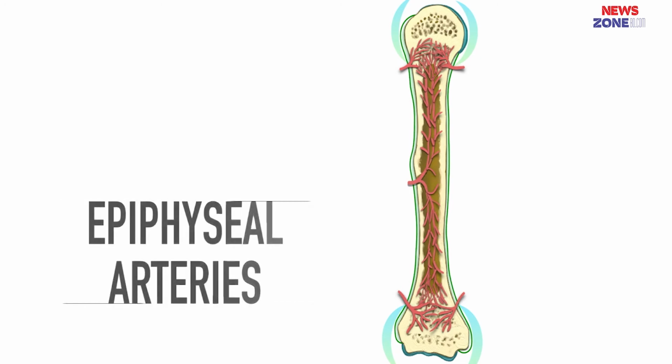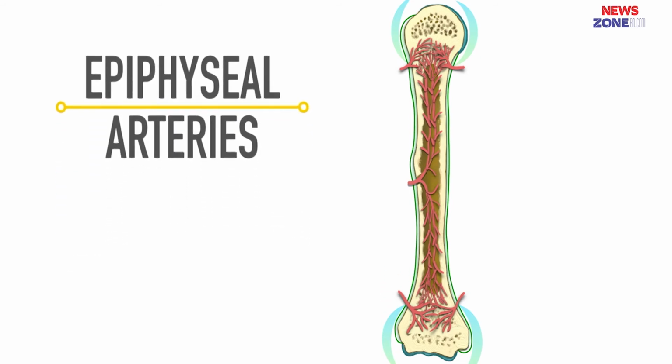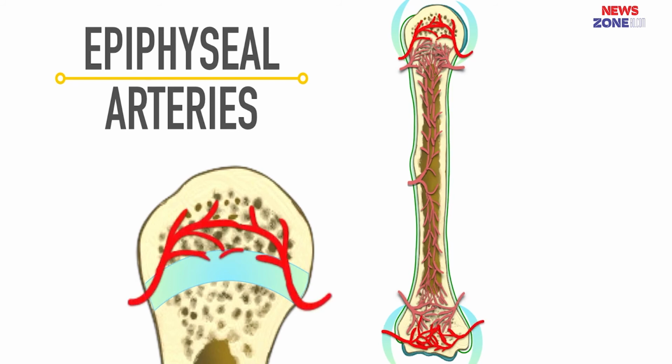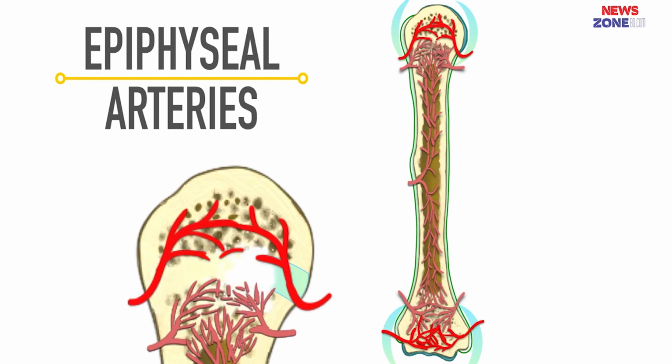Epiphyseal arteries are derived from periarticular vascular arcades. The epiphysis has openings that permit passage of a large number of vessels in and out. In children, the epiphyseal vessels are separated from the metaphyseal vessels due to the presence of the epiphyseal plate. In adults, the metaphysis and the epiphysis are fused together following the arrest of the growth cartilage. Here, the epiphyseal arteries freely anastomose with metaphyseal and the nutrient arteries.